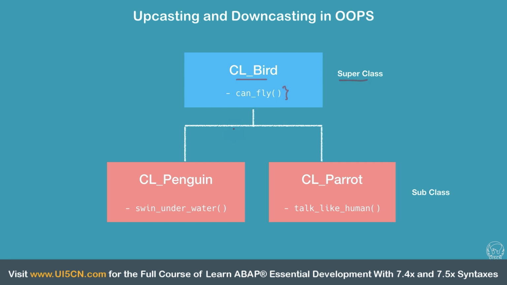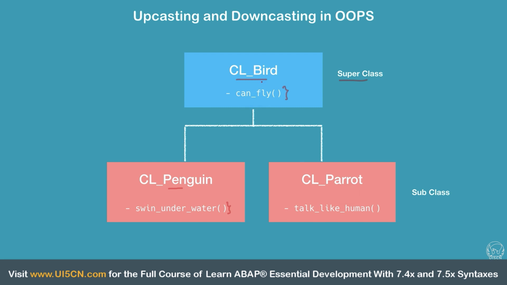Now this will be our superclass from which two classes inherit. One is the CL_penguin class, and the penguin class has one more method within it called swim underwater. Once you call this method, the penguin will start swimming underwater because a penguin can swim underwater.